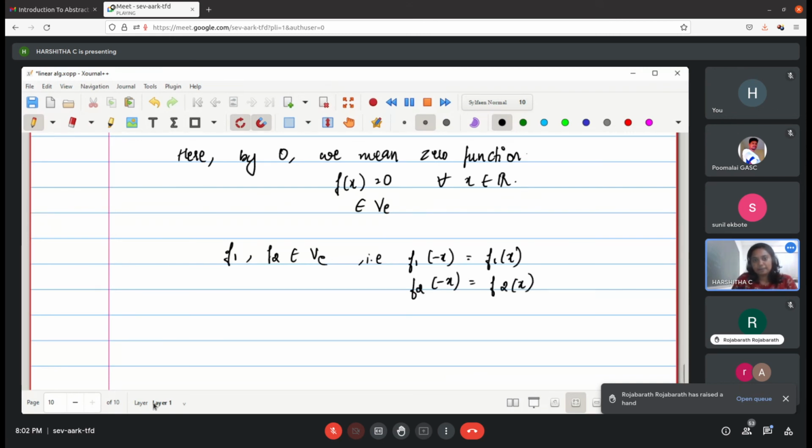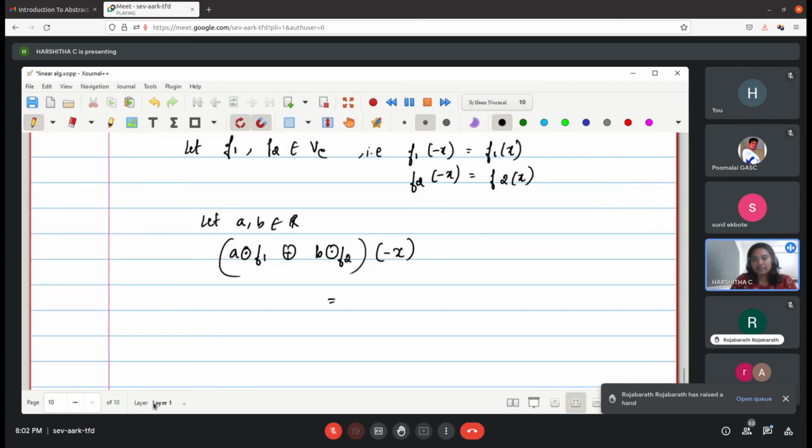We'll take two scalars, let a, b belong to the real numbers. We want to check what happens to a F1 plus b F2. So let us evaluate it at minus x.